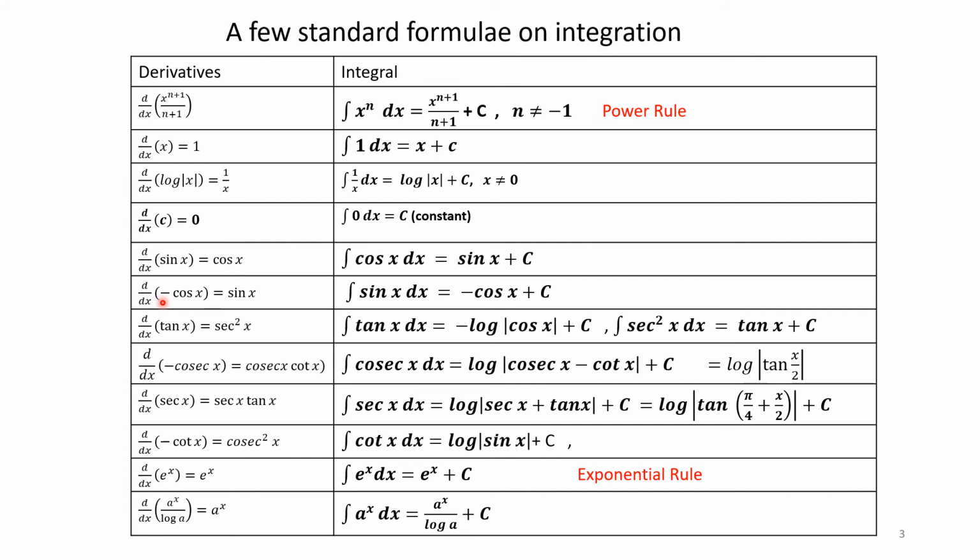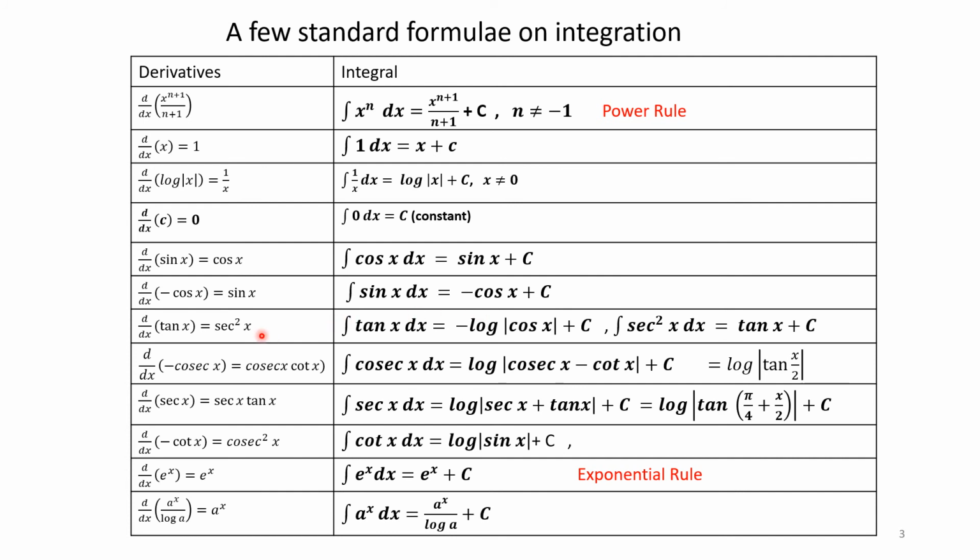So here you see, earlier we were using d by dx of cos x as equal to minus sin x. But here the minus sign is taken inside the bracket and the right hand side is sin x. Therefore, integral of sin x dx is equal to minus cos x plus c. You have to remember that.